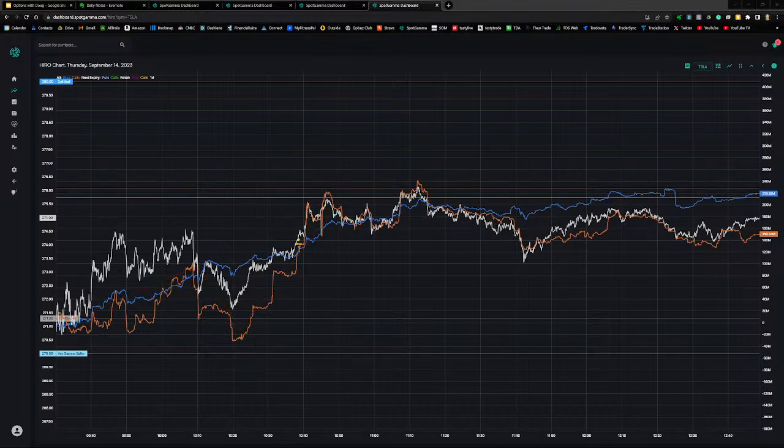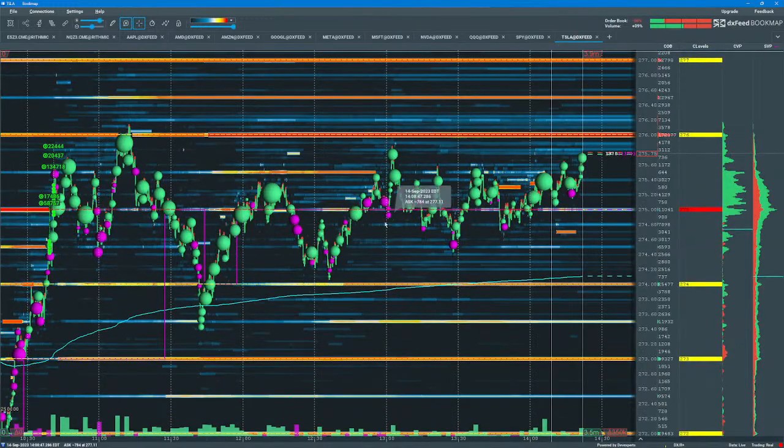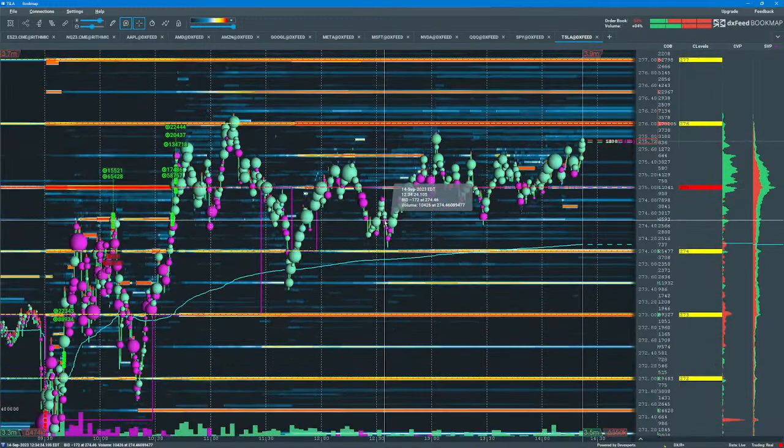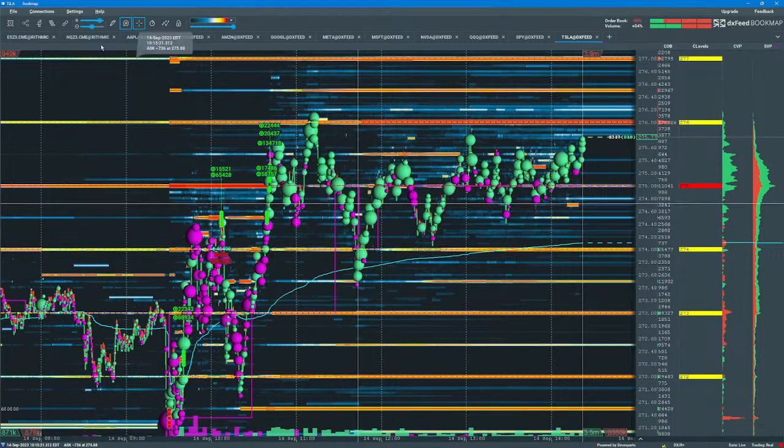Let's go take a look at Bookmap. Tone this down just a little bit.